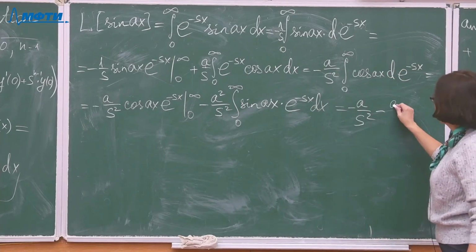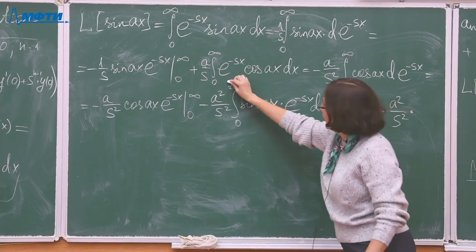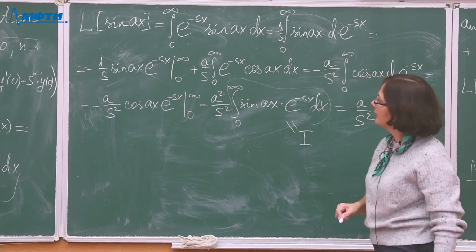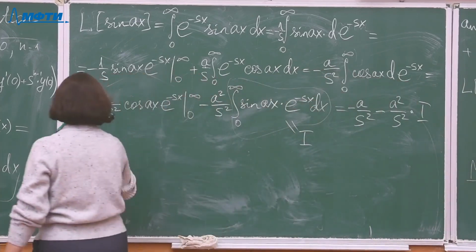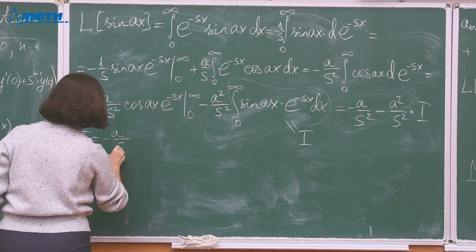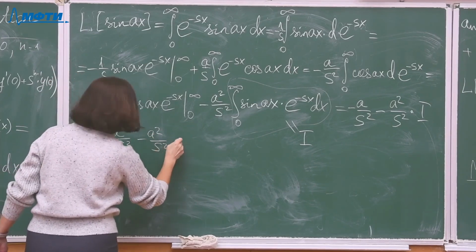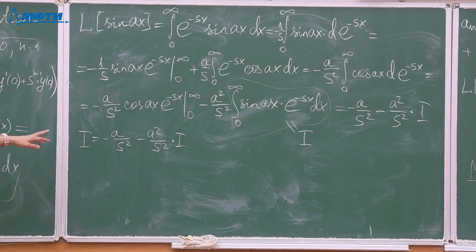And minus a squared over s squared times, and if we call this integral I, we will get the equation I equals minus a over s squared minus a squared over s squared times I. And to find the integral, we need to solve this equation.